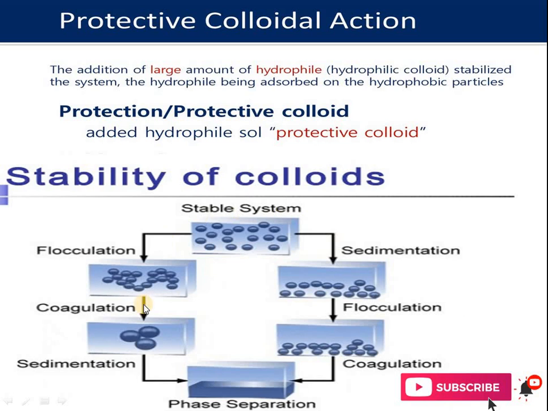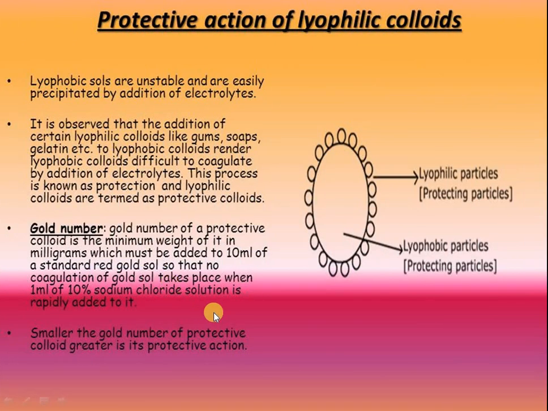So this is the stability of colloid and how we can separate the dispersed phase from the dispersion medium. This protection is also known by the gold number. We can protect this lyophobic colloid with lyophilic particles from separating out or precipitating out in the presence of an electrolyte.